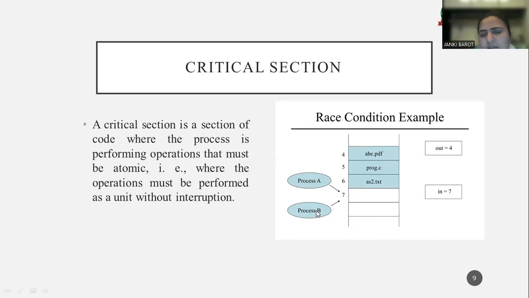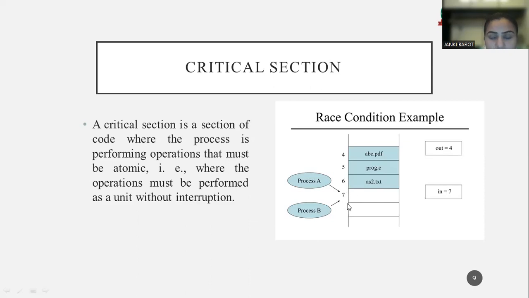It is possible that there are many processes running in parallel, but in this race condition only A and B are being considered. It may be that A, B, C, D, many processes are executing and occupying different slots, memory segments.